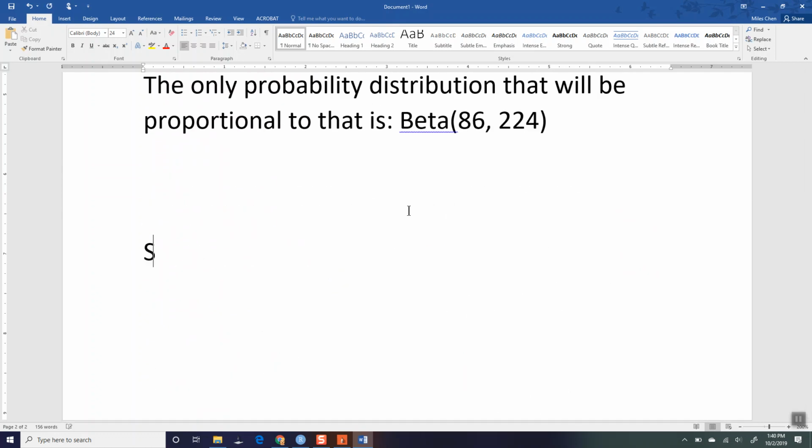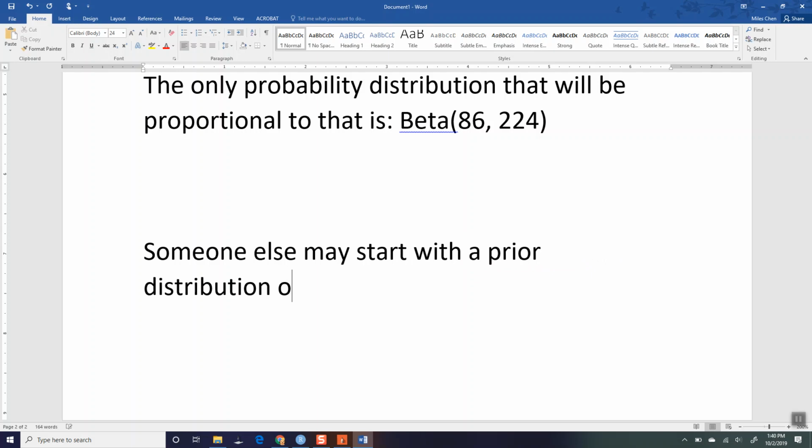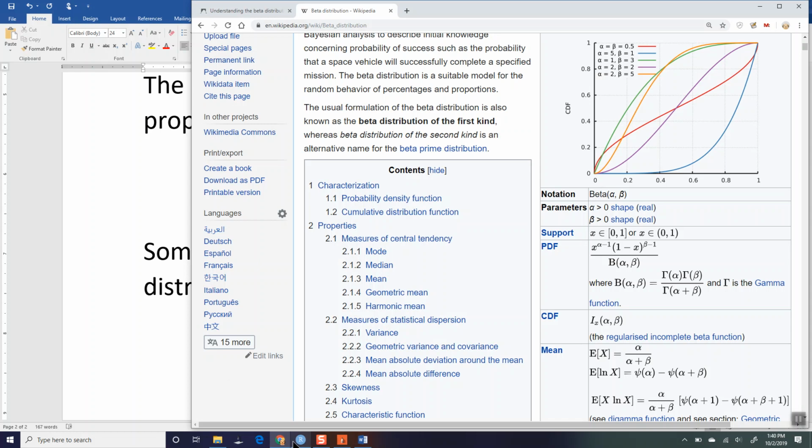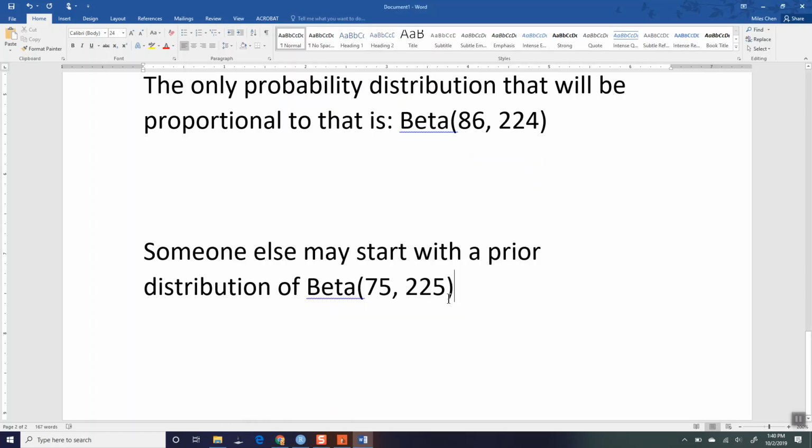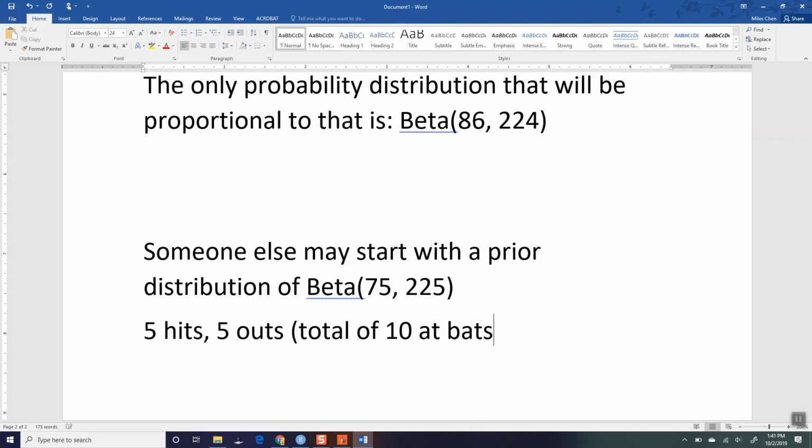Someone else may start with a prior distribution of beta, not 81 and 19, but maybe beta 75 and 25. Again, we have the same situation: 5 hits, 5 outs, or a total of 10 at-bats. What will the posterior distribution be?